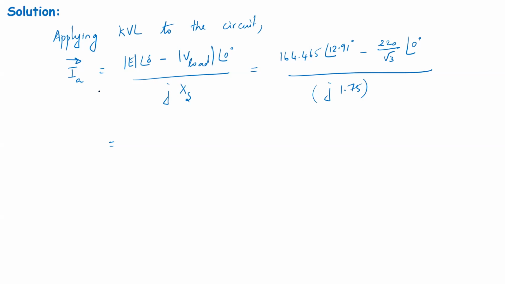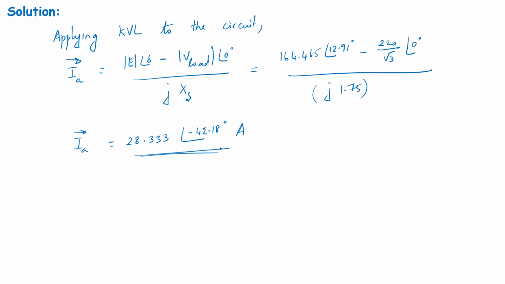I have my current value as the current phasor is 28.333 with an angle of negative 42.18 degrees in amperes. Okay, so this is something very important, very interesting.